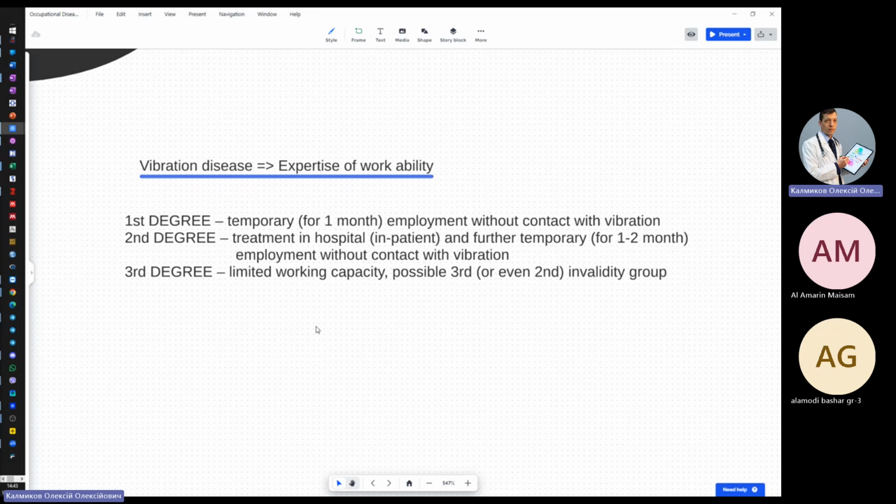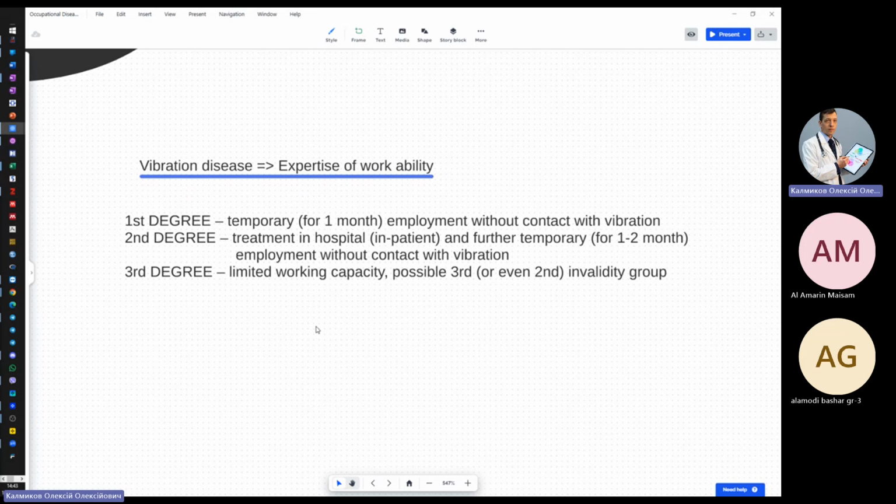Usually, how does it happen? This patient, after the time when we reveal the vibration disease, undergoes the treatments in an inpatient department, in hospital, then has some resort therapy afterwards for 1 more month.